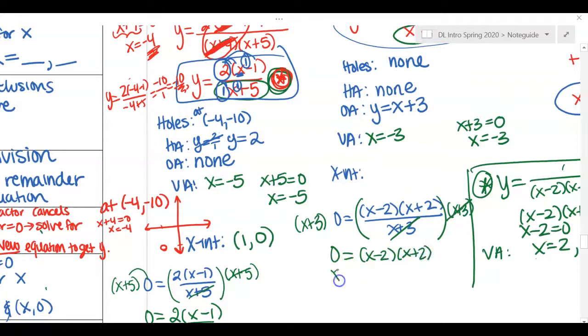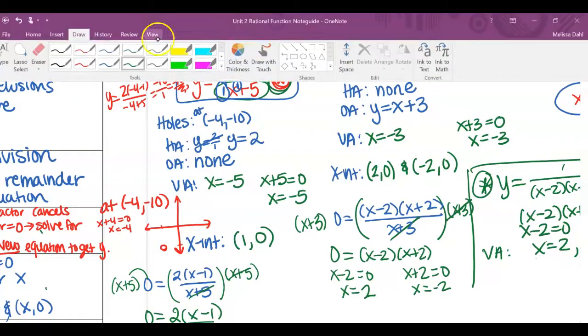And in this case, we have two factors that we can set equal to 0. And we would get 2 x values. So here we have two x-intercepts. Our graph is going to go through (2, 0) and (-2, 0). And then lastly, for each of these, we want to find the y-intercept.